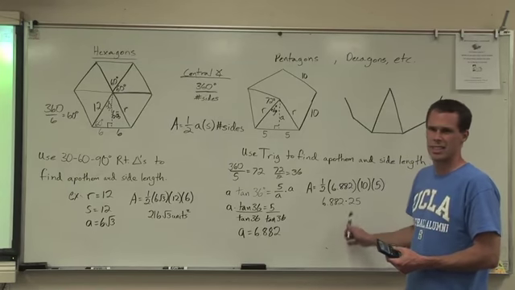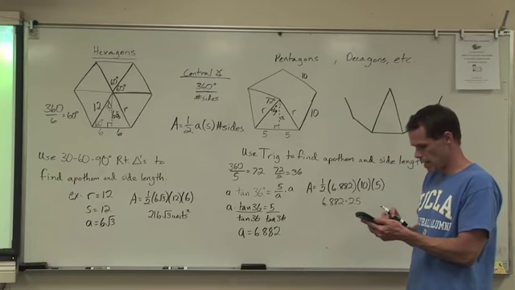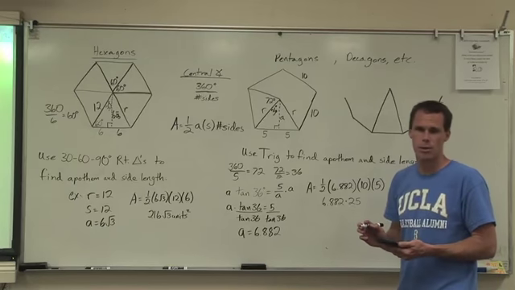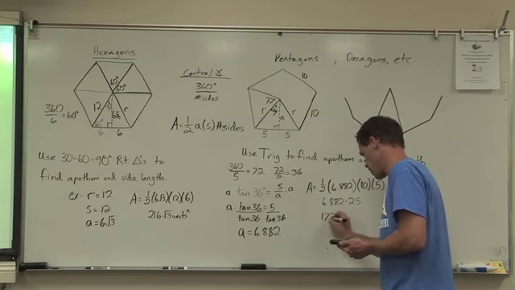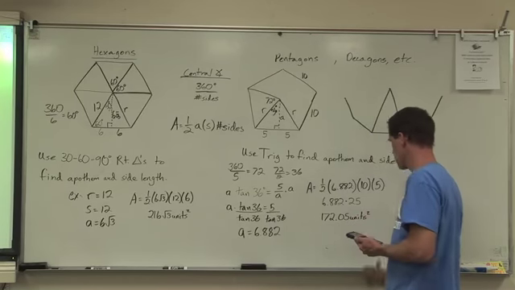That's close to 7, and 7 times 25 is 175. So 6.882 times 25 gives me an answer of approximately 172.05. 172.05 square units.